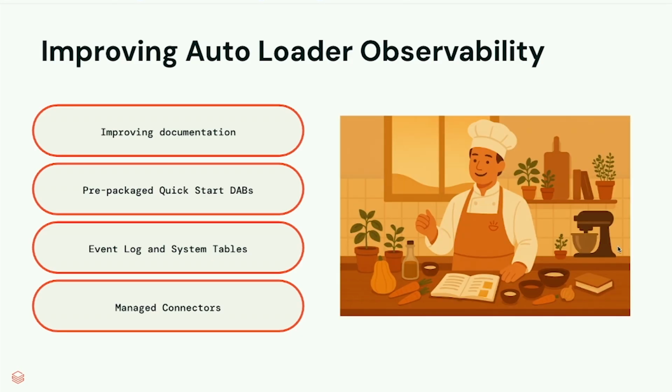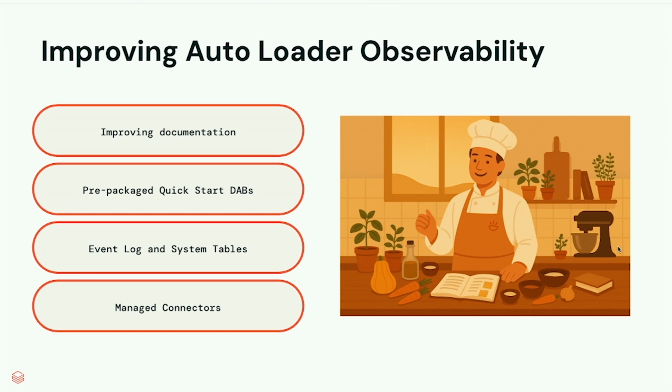Autoloader observability has been a frequent topic of interest, and we're working on a number of tracks to improve that. First, we're enhancing our documentation with more examples and practical how-to guides.